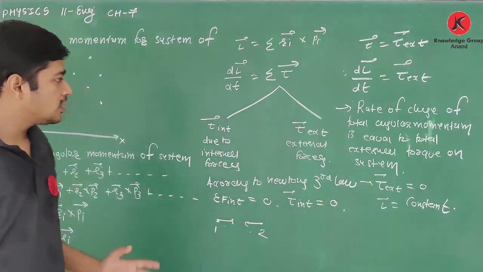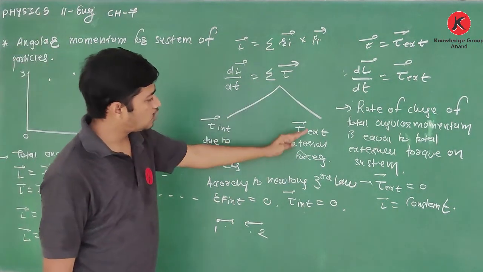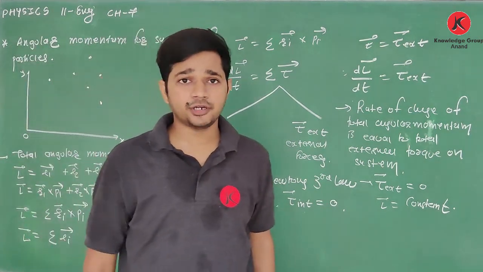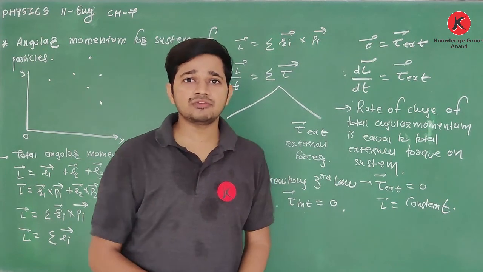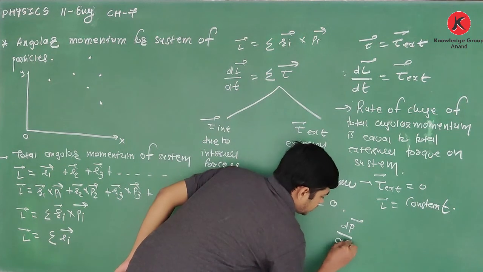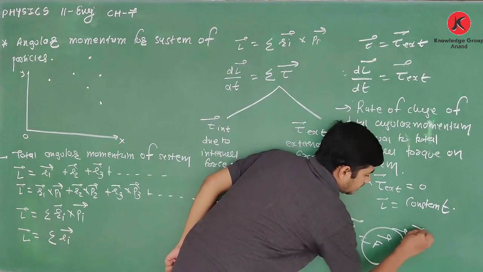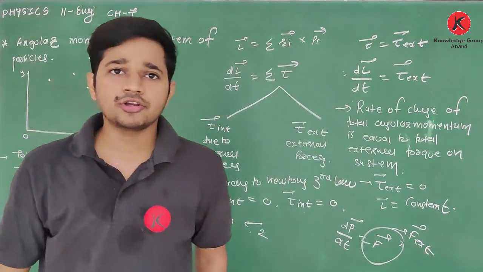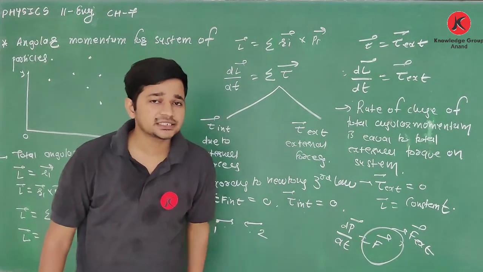Clear about this? So it is one additional point that you have to remember. This one we have already discussed in the law of conservation of linear momentum in this chapter: dp/dt is equal to F, and this F is only F external. So yes, it is one additional topic that you have to remember, and this is it for today.